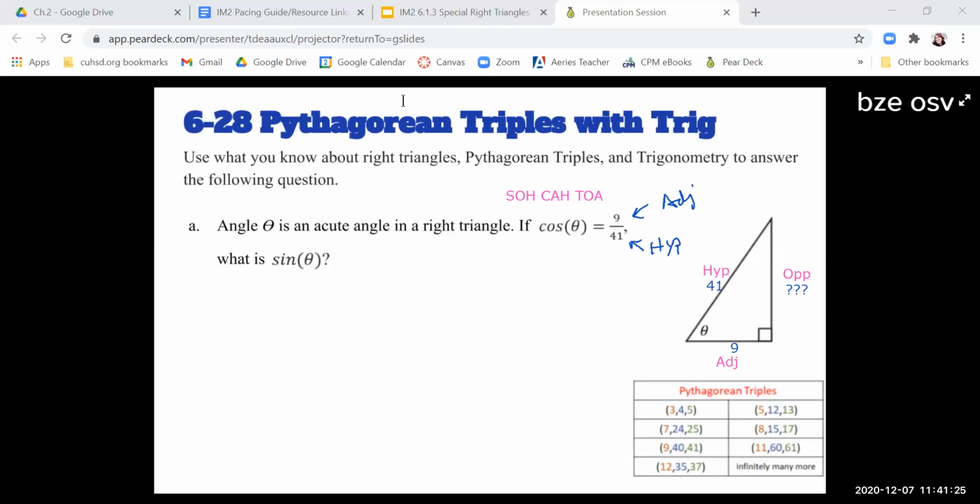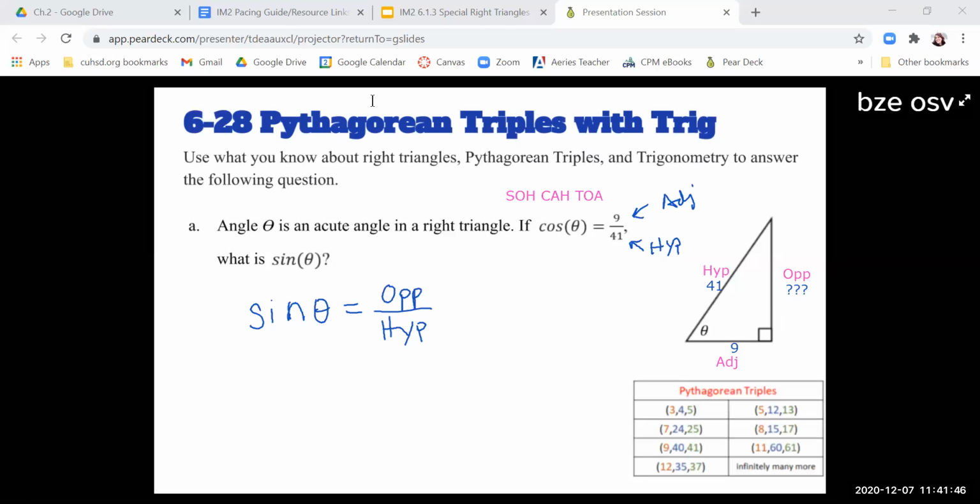Because I know that the sine of theta is equal to the opposite side over the hypotenuse. So in order to complete this and actually get that fraction, I need to know the opposite side.